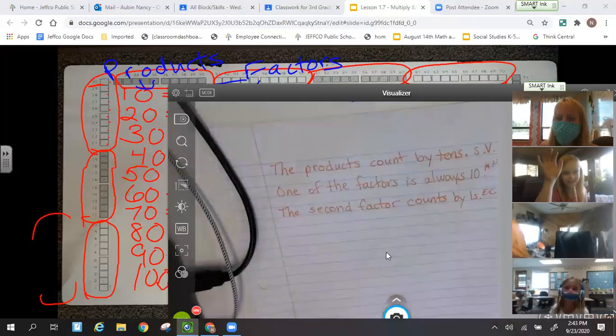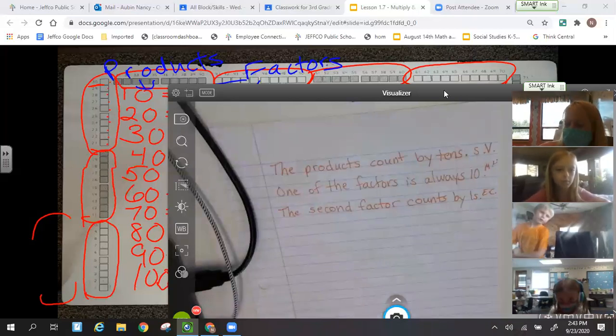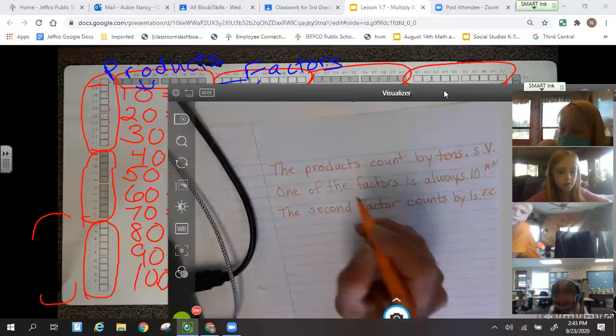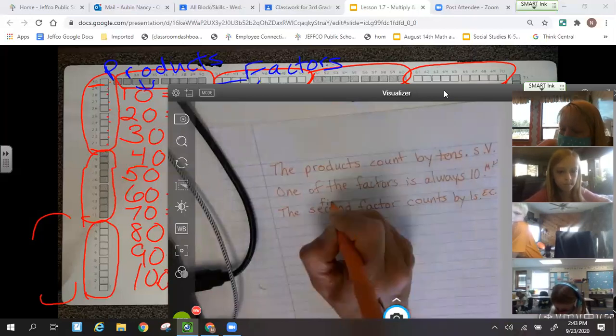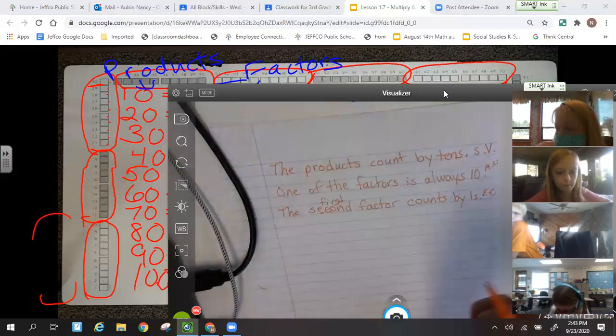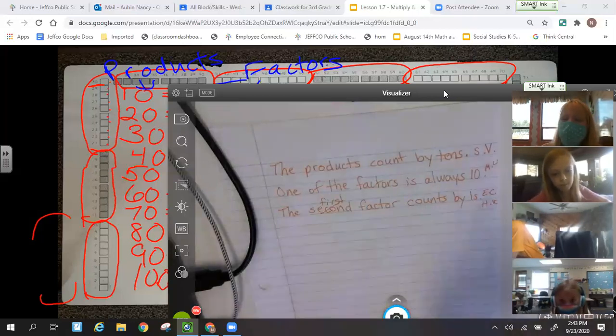Haley, can you unmute and share? The first factor counts by 1. Okay, yeah. Actually, you're right, it was the first factor. So I should fix that. The first factor, and we'll add Haley to that. Counts by ones. Good thinking, Haley.